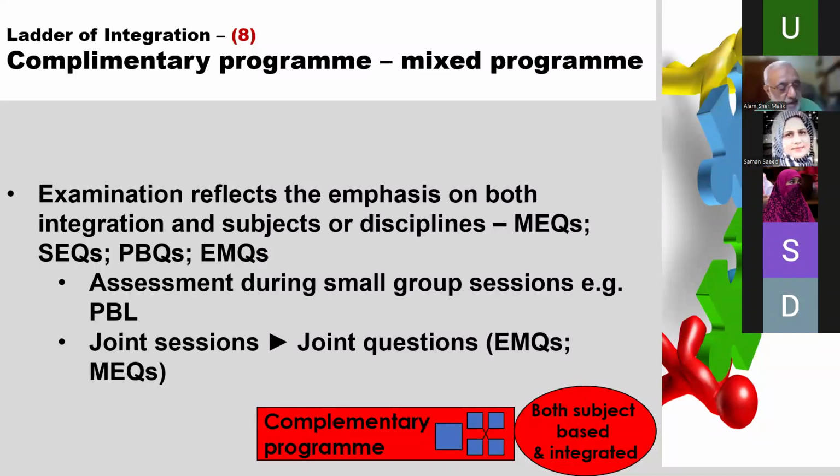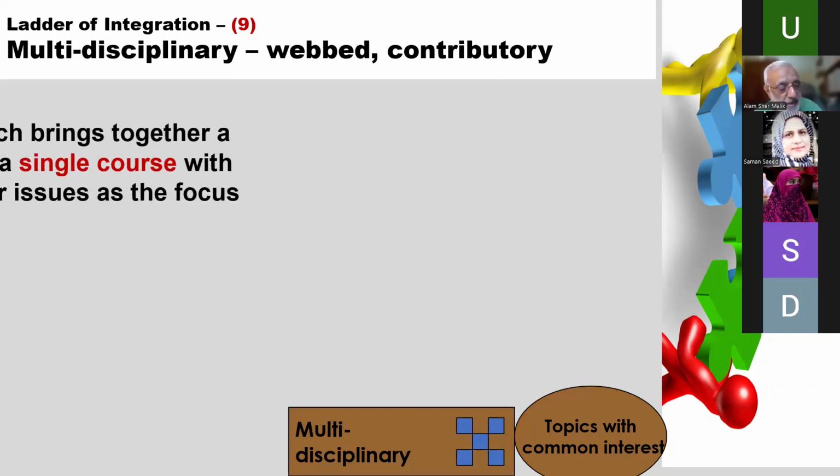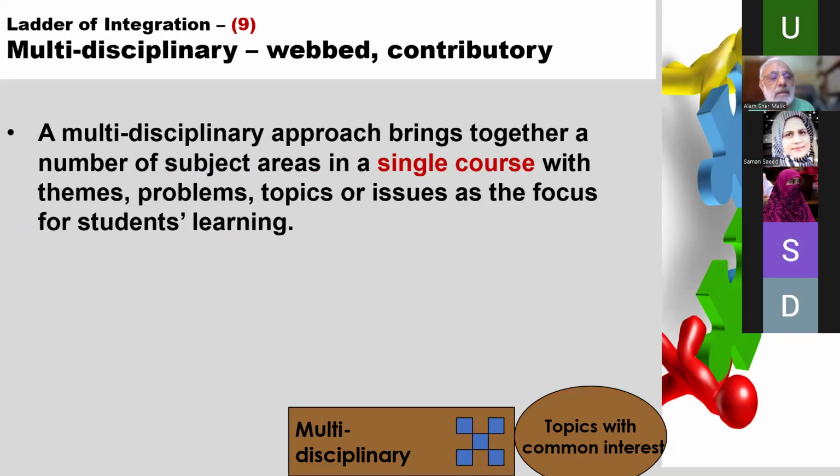Then level 9, which is multidisciplinary, also called webbed or contributory. Now here, the multidisciplinary approach brings together a number of subject areas in a single course.